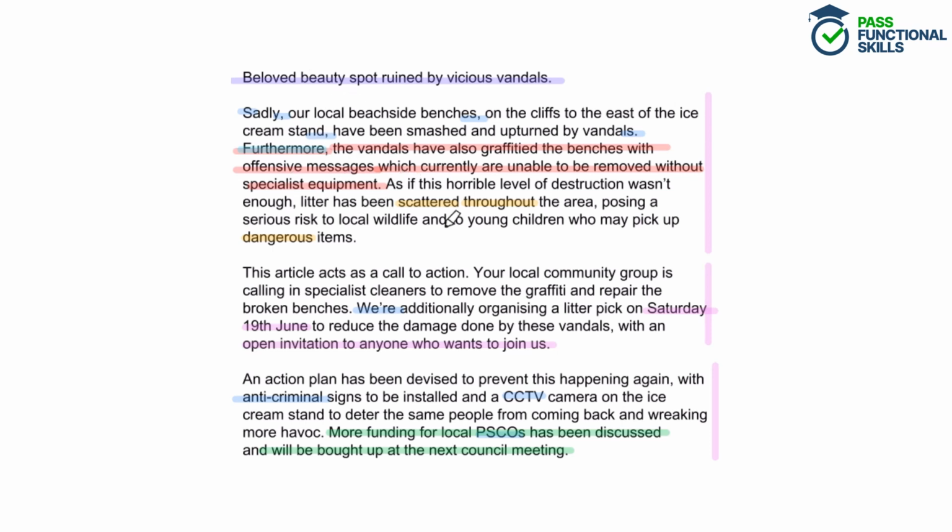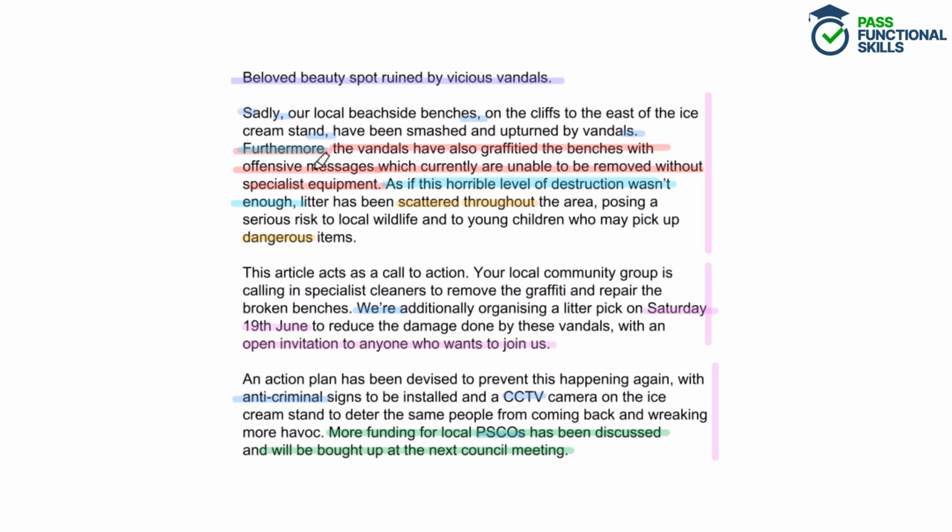We've also got sentences that flow on from one another and refer to each other. So for example, in this paragraph, it says, as if this horrible level of destruction wasn't enough. So we're referring to this horrible level of destruction, which has been described in the previous sentences. The paragraphs in this answer are also linked in a really cohesive way.